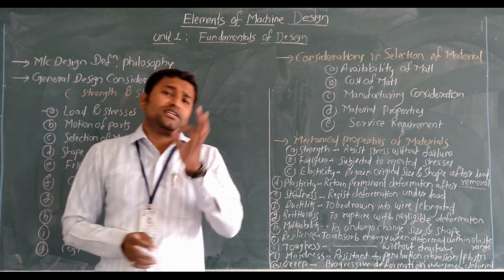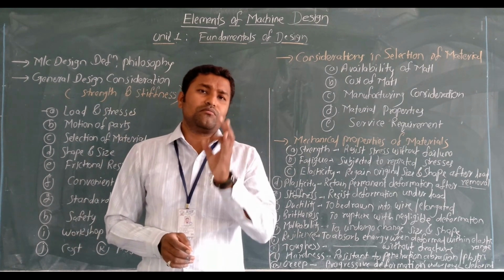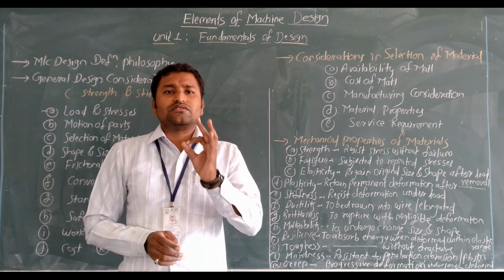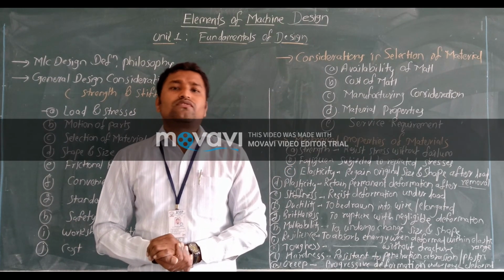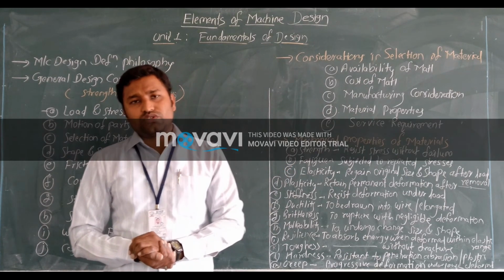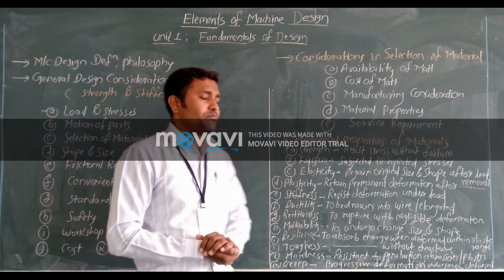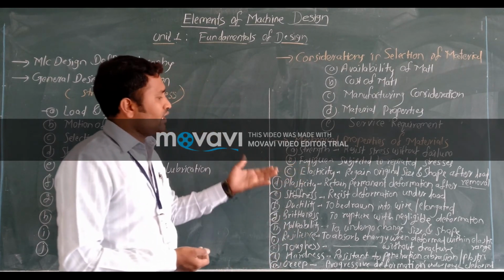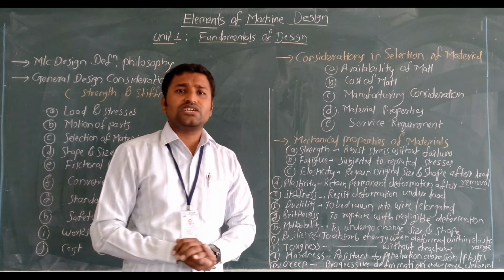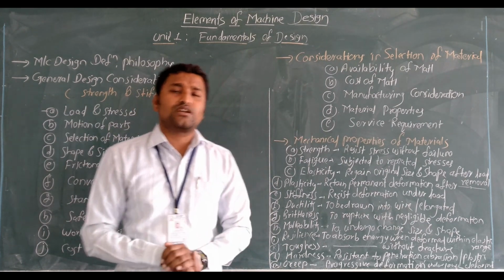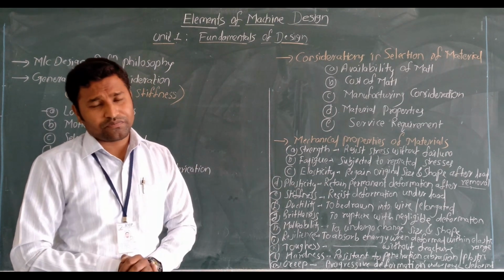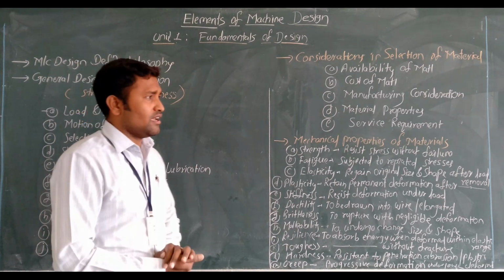The designer has to keep in mind and should always be well aware of these mechanical properties of metals. You see the number of mechanical properties of metals: strength, fatigue, elasticity, plasticity, stiffness, ductility, brittleness, malleability, resilience, toughness, hardness, creep. We'll study that one step by step.